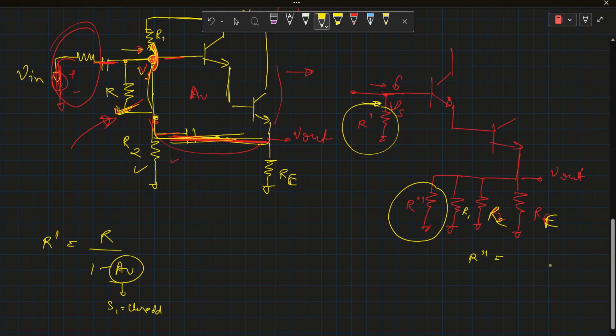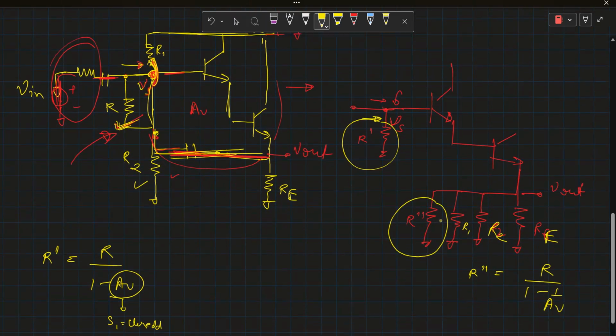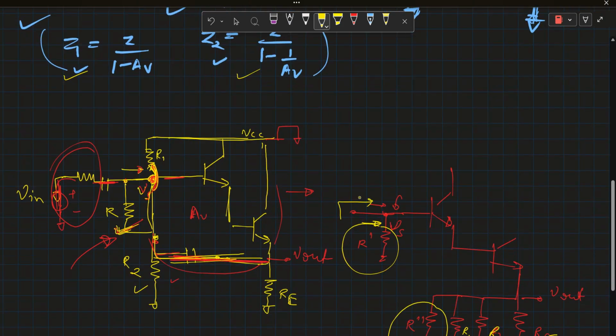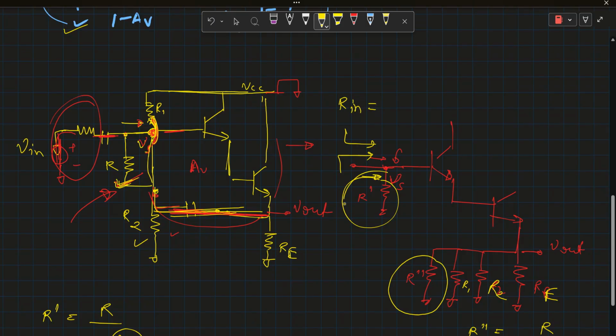So this is R dash, and R double dash has the value of R upon 1 minus 1 upon AV, and the question asks us to find the Rin. So here we have to find Rin. Rin is the parallel combination of R dash and these inputs, R I can say R naught.